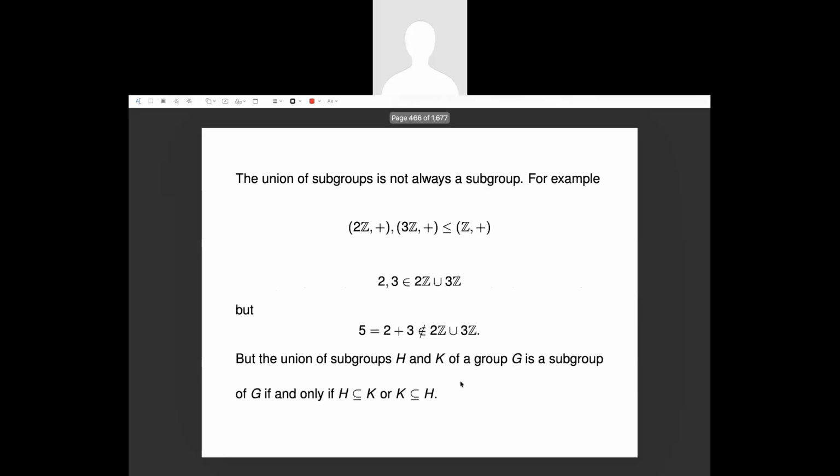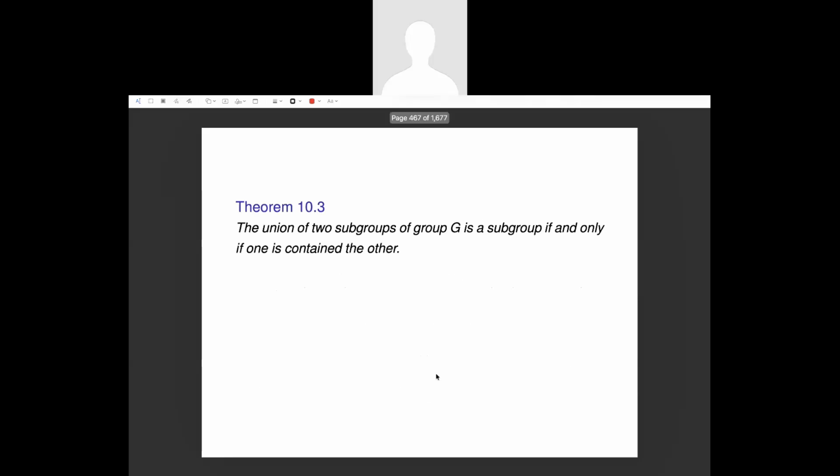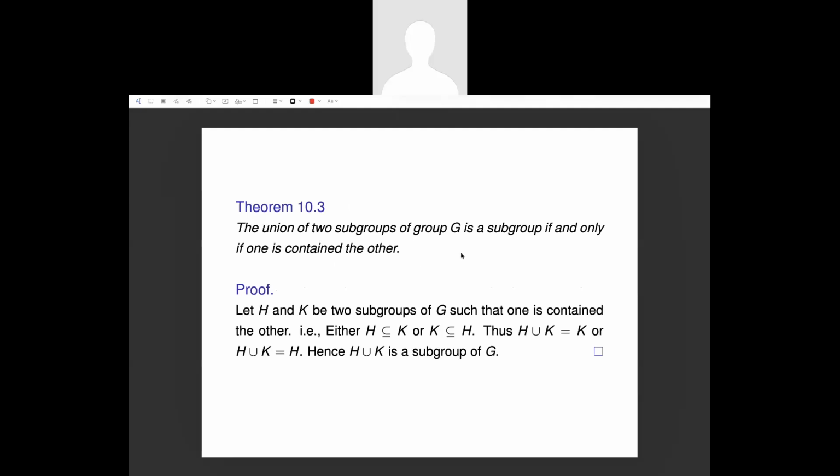The union of two subgroups H and K of a group G is a subgroup if and only if either H contains K or K contains H. If one of the subgroups is contained in the other, only in that case can we say that H union K is a subgroup of G. So by this result, the union of two subgroups of a group G is a subgroup if and only if one is contained in the other. Okay, let us prove it.